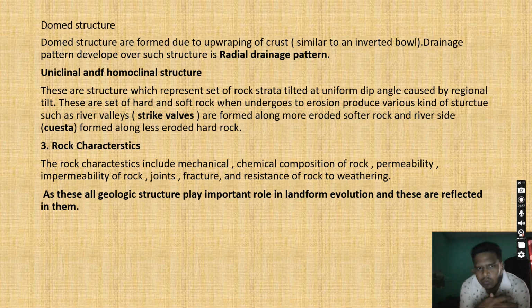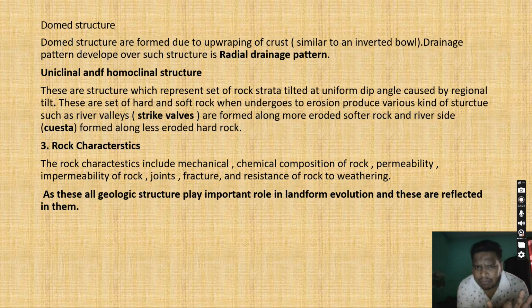Where the erosion is more, they develop strike valleys, where a stream flows, and the remaining part that is less eroded appears as a ridge, which is called cuesta. We can also say river valley sides. Now we come to rock characteristics.